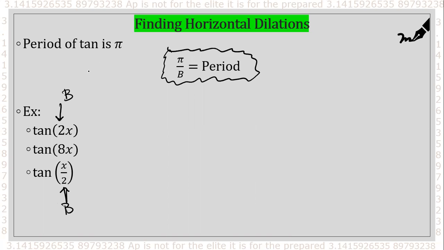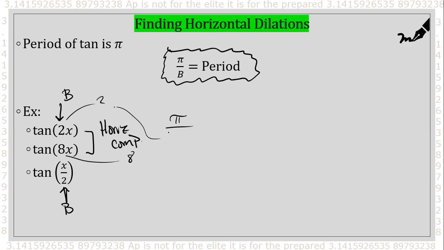So here we can see that the first two are horizontal compressions. So therefore our b will be those values. In this case it is 2, and in this case it is 8. And that's where we can find out that our pi value will be divided by 2. And you can see, oh snap, this compression did work, because now my period, instead of being pi, is pi over 2.